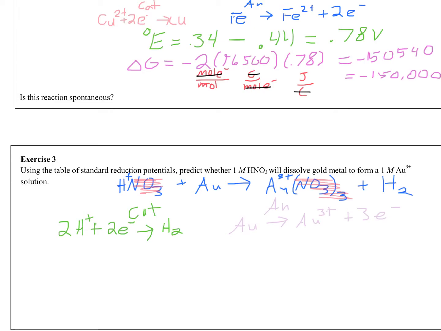So my overall E is my cathode minus my anode. So we have E equals, I look it up on my table. Well, remember hydrogen is the basis for all of our reduction potentials, so that is our 0, that's our starting, so 0 minus 1.5, which gives me a negative 1.5 volts, and this is non-spontaneous.